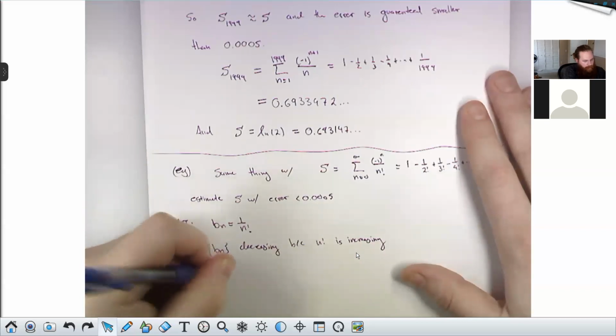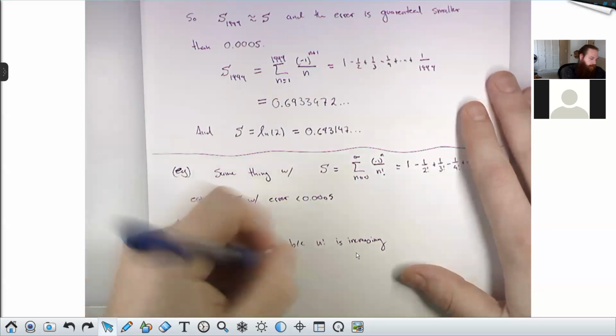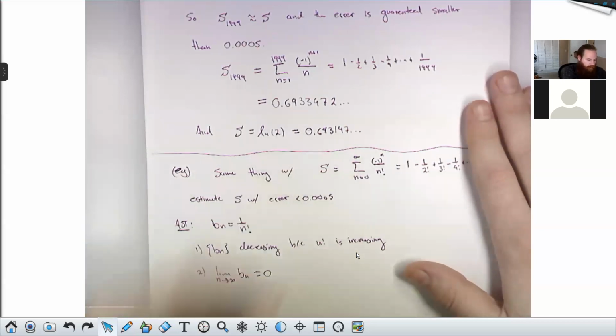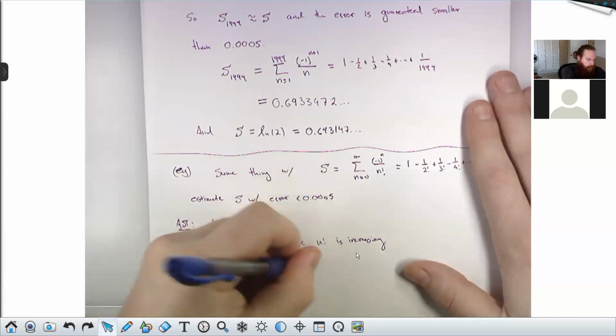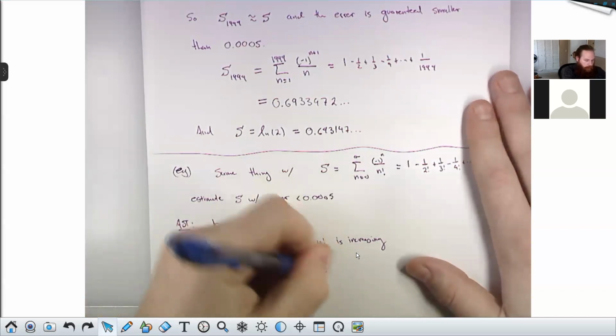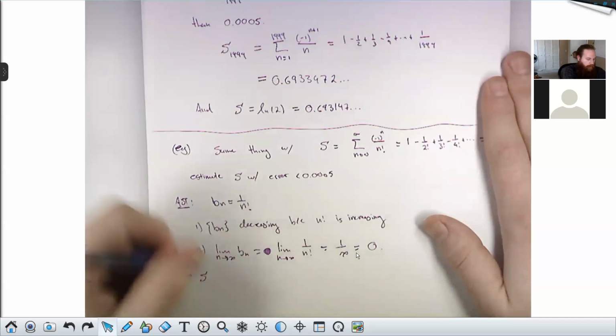And the limit of the Bn's is 0, because it's the limit as n goes to infinity of 1 over n factorial. N factorial goes to infinity really fast, so this is 1 over infinity, which is 0. So the series converges.